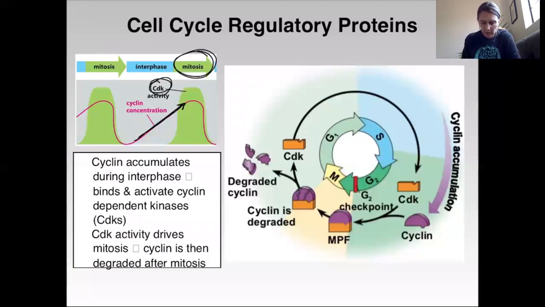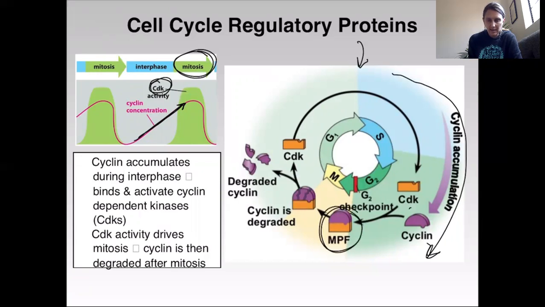And if you look at the cell cycle in this figure over here, you can see, again, as cyclin levels accumulate, it activates our CDK. And again, we're calling that maturation promoting factor.